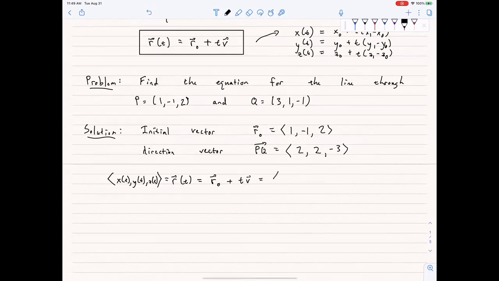And this will give you, just by adding up R naught plus tv, 1 plus 2t, -1 plus 2t, and 2 minus 3t. And that's it. Not hard, right? Questions?